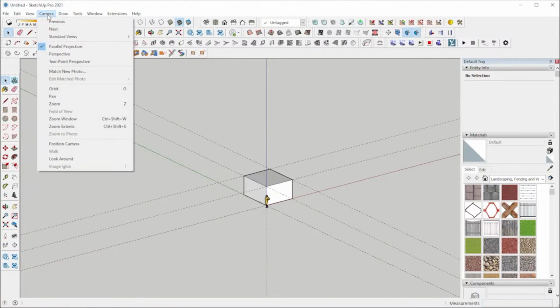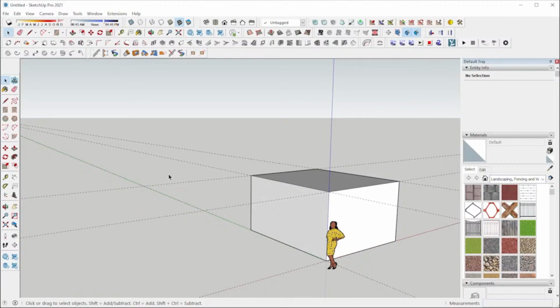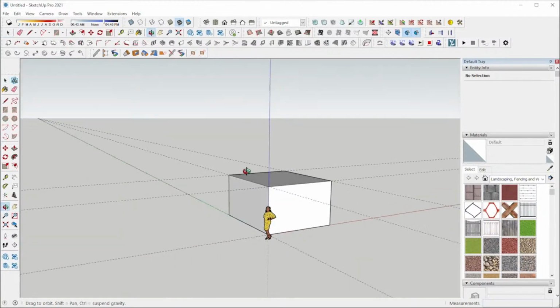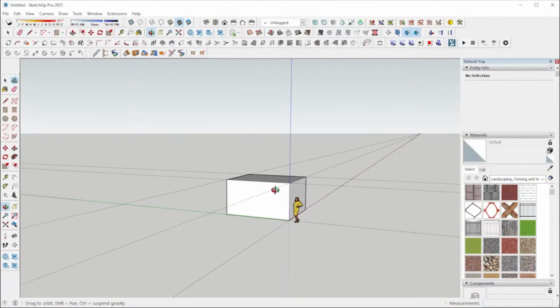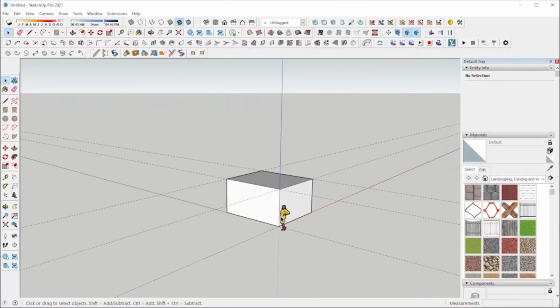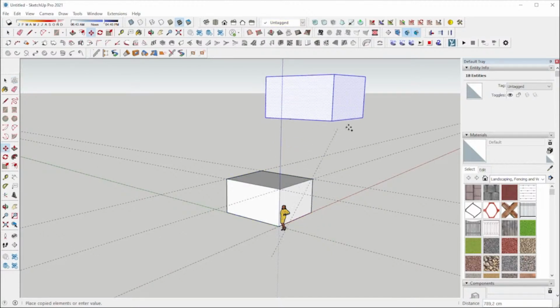Okay, I want to turn it into perspective. Our eyes see objects like this, in perspective. You can feel the depth. If you have the same object, you can feel that as it's going farther, it becomes smaller.